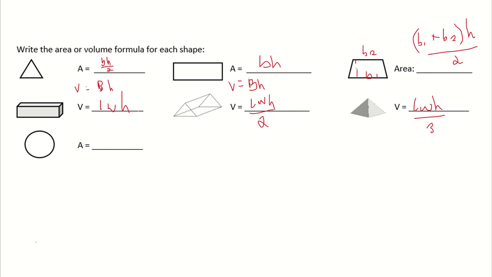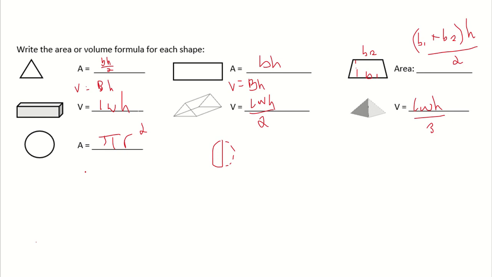And that last one is a circle. Area of a circle is pi r squared. Just something extra: in case you ever see a half circle on a shape, and you're being asked to find the area of a half circle, build off of the area of a full circle.